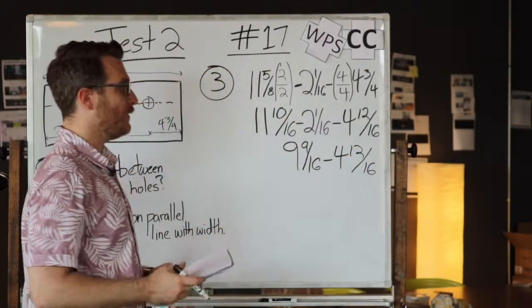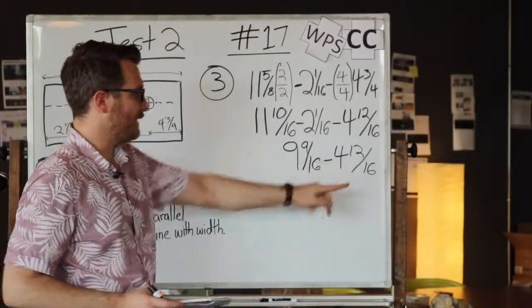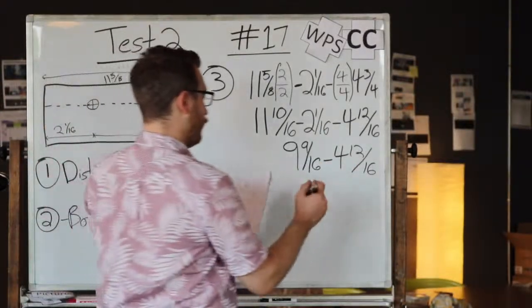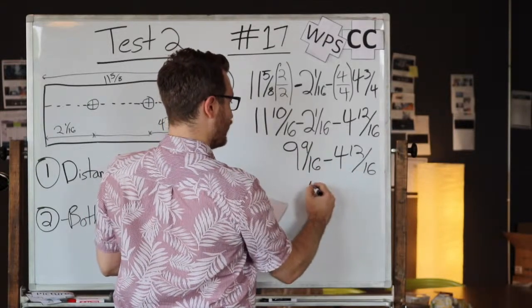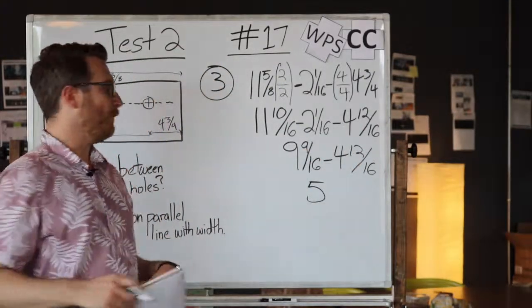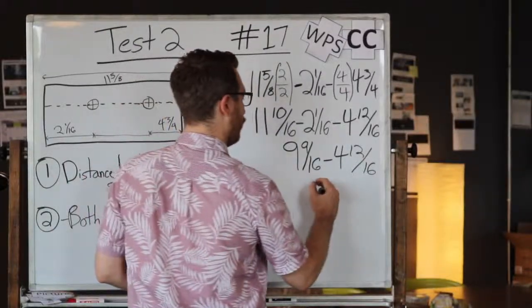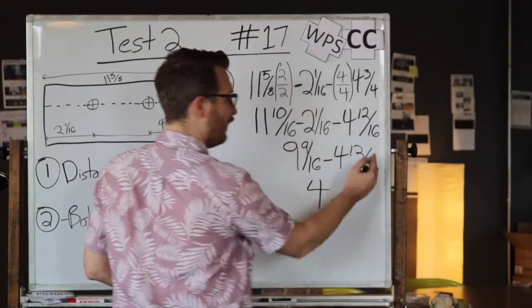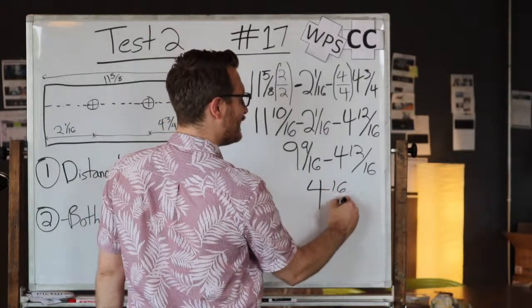All right, so now we have to subtract the 4 and 12 sixteenths from that. And then what we will get is 9 minus 4 is 5. And then 9 minus 12 is actually going to go to a negative number. So we actually know this is going to dip below 5 and go down to 4. So I have 9 minus 12. If I take 9 away from it, I'm going to get down to 4 and 16 sixteenths.